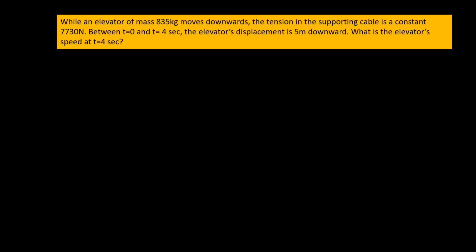Hello, so we have a problem from kinematics about an elevator, and we'll solve this problem by using the Newton's kinematic equations. So this problem is, while an elevator of mass 835 kilograms moves downwards, the tension in the supporting cable is a constant 7730 newtons.